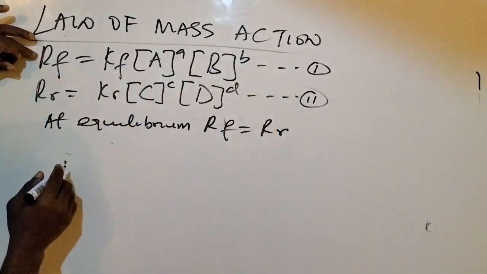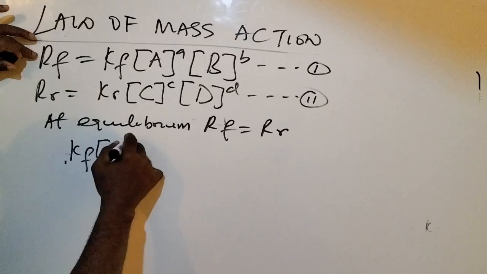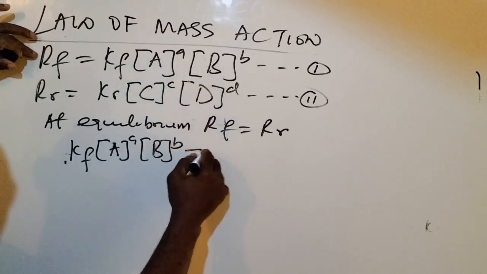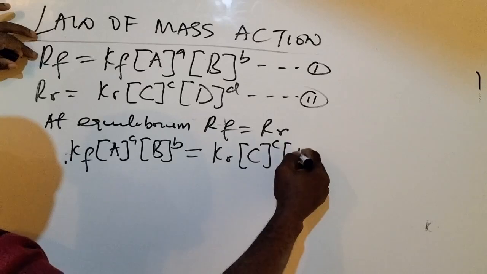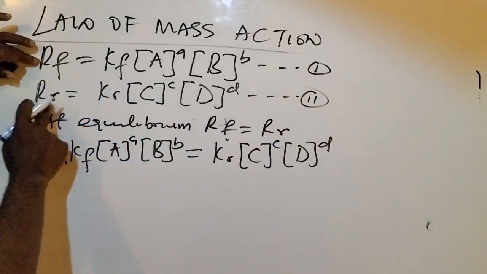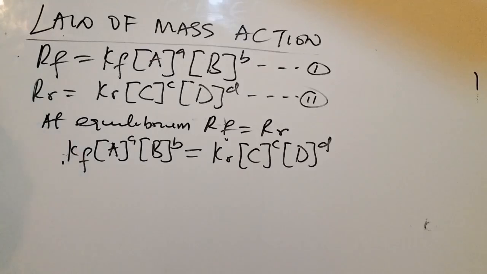You can now say Kf A to the power a, B to the power b for the forward reaction will be equal to Kr C to the power c and D to the power d, because at equilibrium the two rates are equal. So having done that, let's divide both sides by Kr.